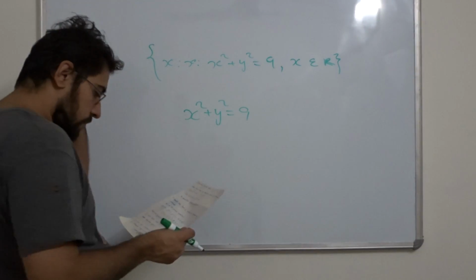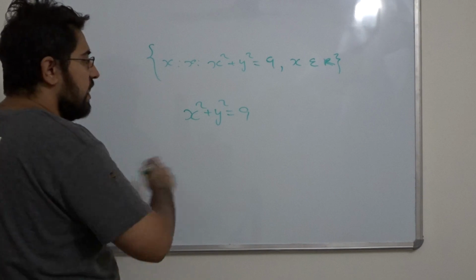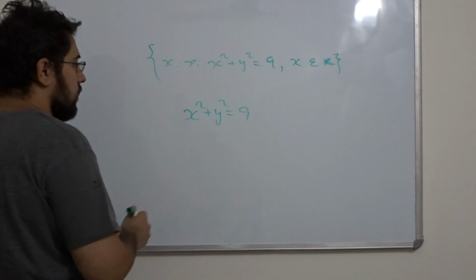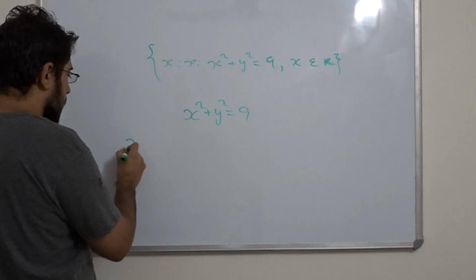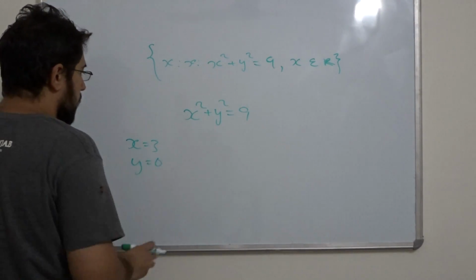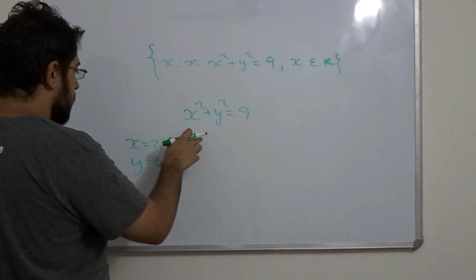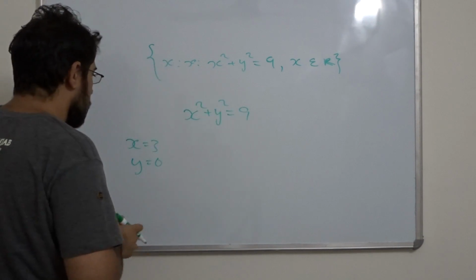But anyways, what it's trying to say, guys, is you can again have infinitely many solutions. Like x can be 3 and y can be 0, and 3 squared is 9, plus 0 equals 9, isn't it?